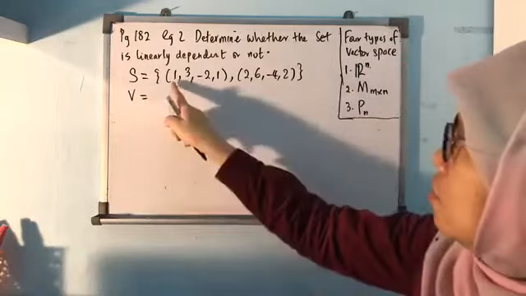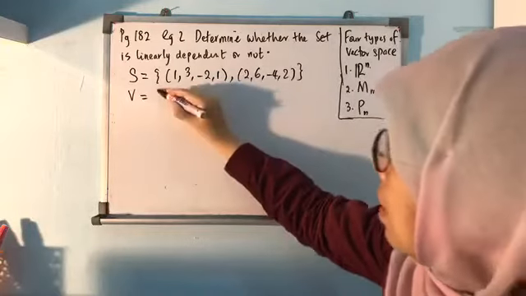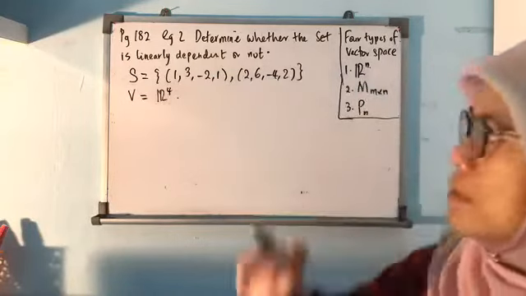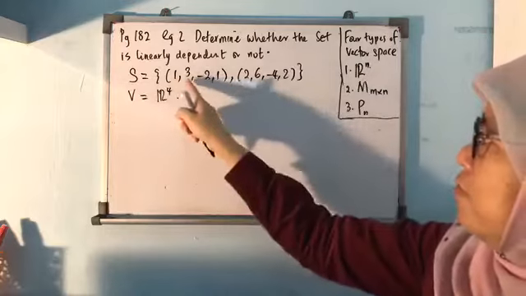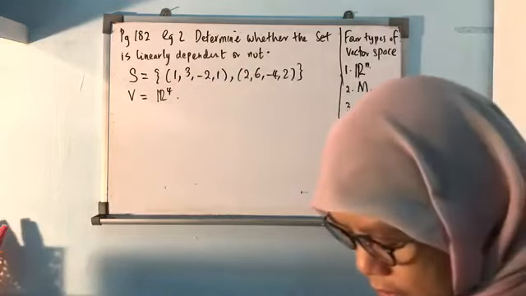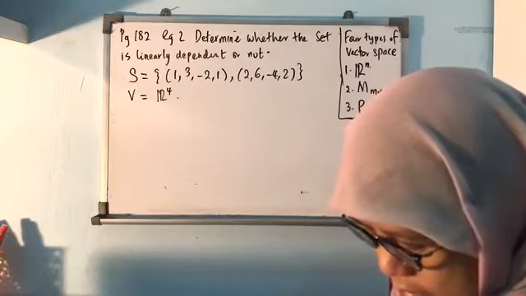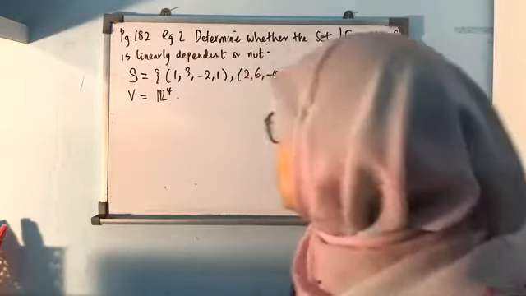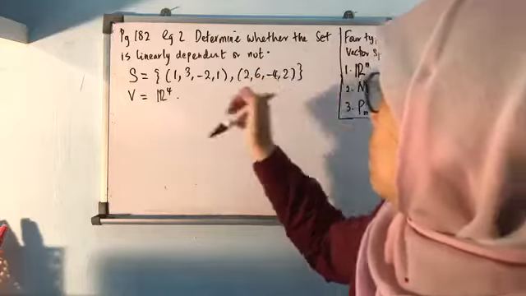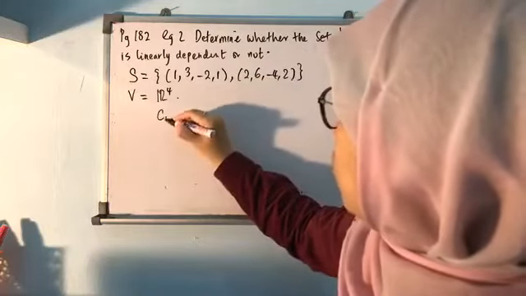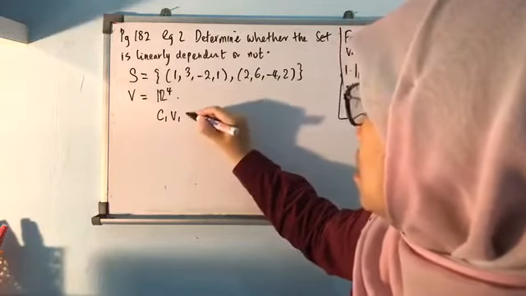Okay, if you are not given, you know V is R4, because 4 components. Alright, so this is your V1, this is your V2, so you will want to find C1 and C2.